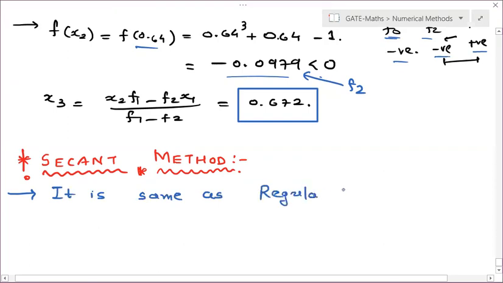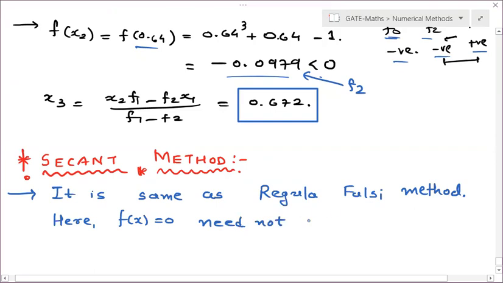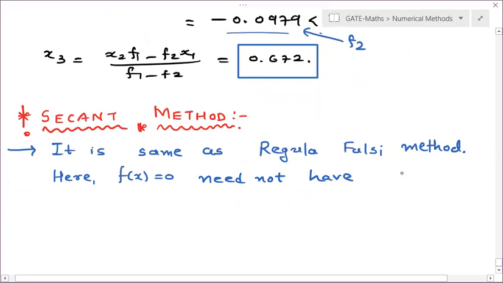It is the same as the regular falsi method, but here your function need not have opposite sign in the interval x0 to x1.